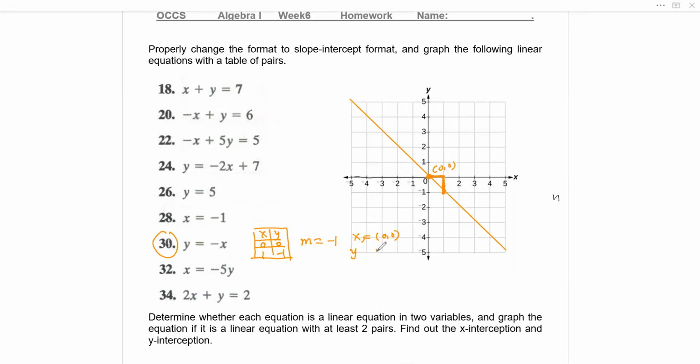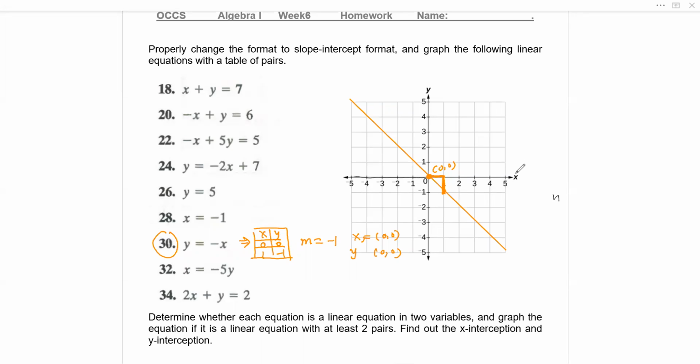The Y-intercept is 0, 0 as well. So this is easy to find out since we learned this graphing. Most important is to find the table, find at least 2 dots, so you can graph on the XY coordinate system.